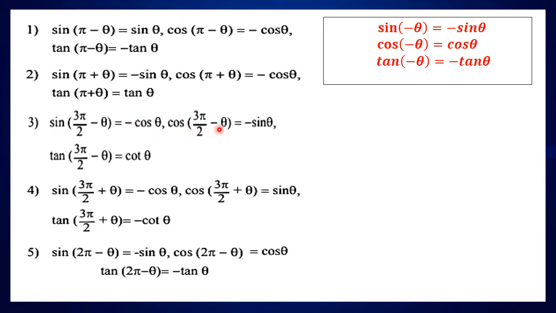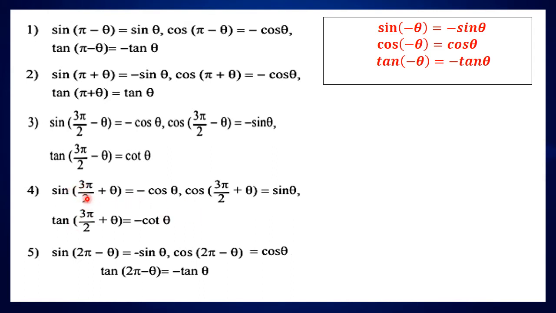And cos 3 pi by 2 minus theta is minus sin theta, and tan 3 pi by 2 minus theta is cot theta. Next, sin 3 pi by 2 plus theta. Here 3 pi by 2 plus theta lies in the fourth quadrant, and we know in the fourth quadrant sin and tan are negative but cos theta is positive.